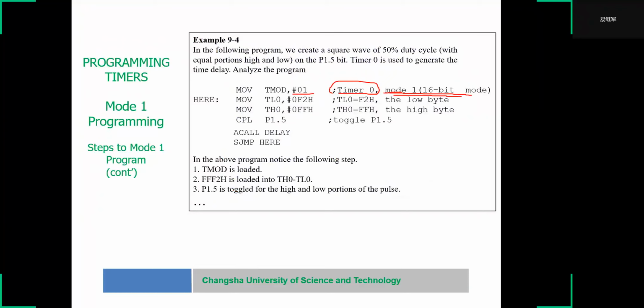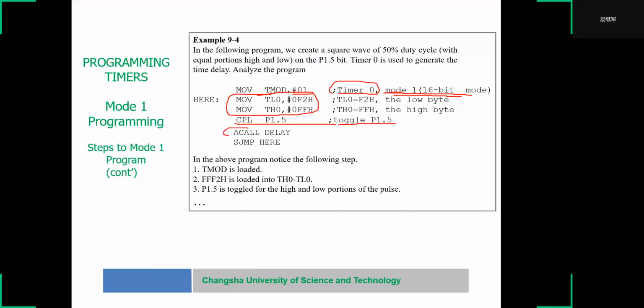This is a value for the timer register. This is a toggle of P1.5.